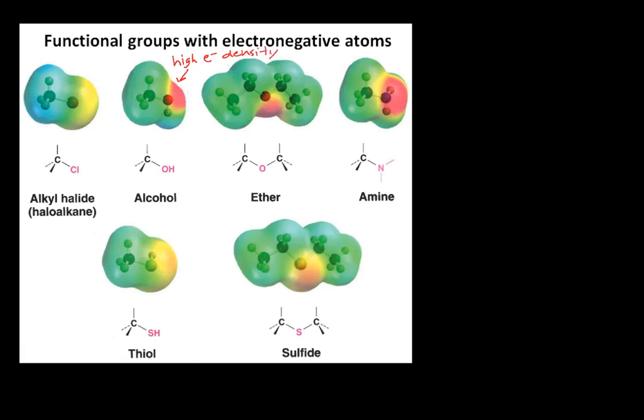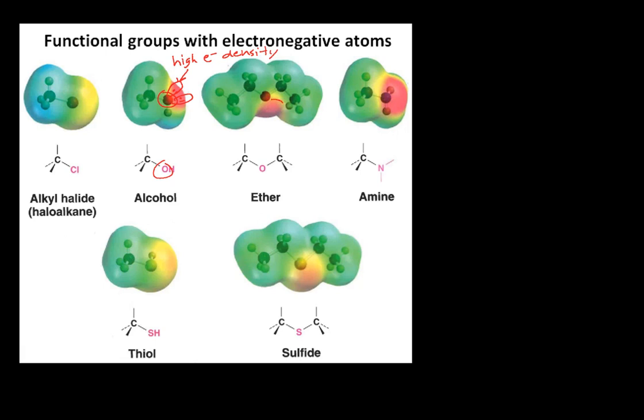This is, of course, due to electronegativity. So the oxygen in there, in the alcohol, pulls electron density toward it because it's electronegative, but also it's got those lone pairs. So this red area is probably mostly due to those two lone pairs. So we know about structure. We want to start thinking about structure in this way, in many different ways, really.